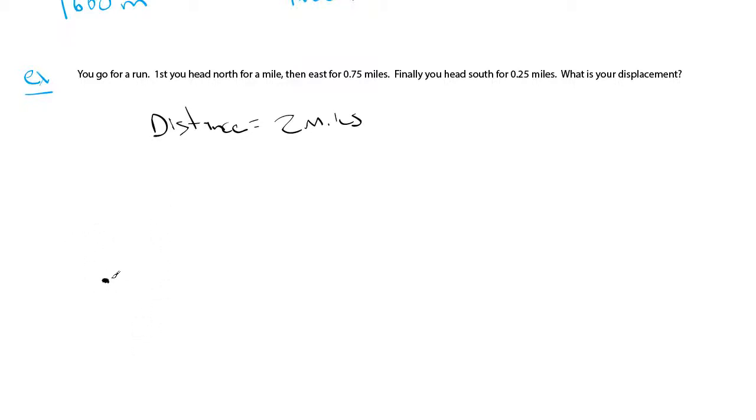So here I start off, and then I go north. That's not what I wanted. I go north. What are you doing? I don't remember the keyboard shortcut. There it is. You go north for 1 mile. North, let's go straight north.